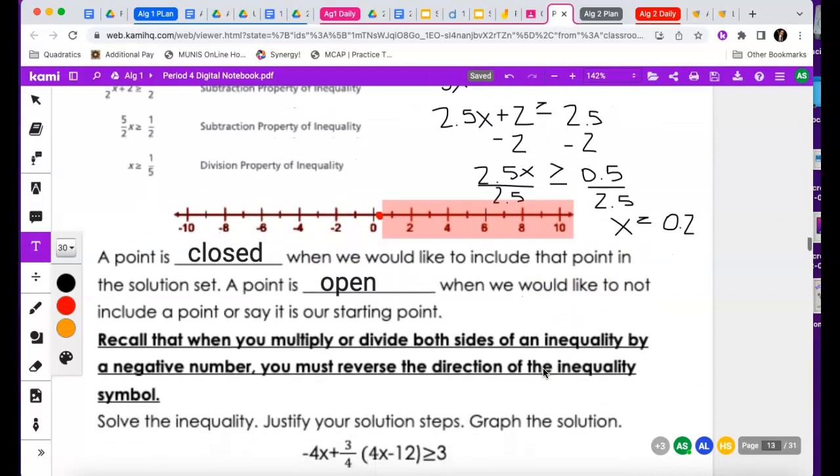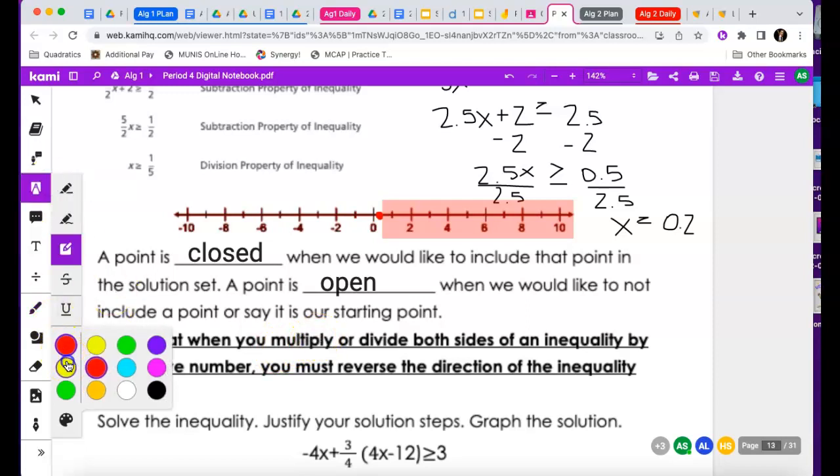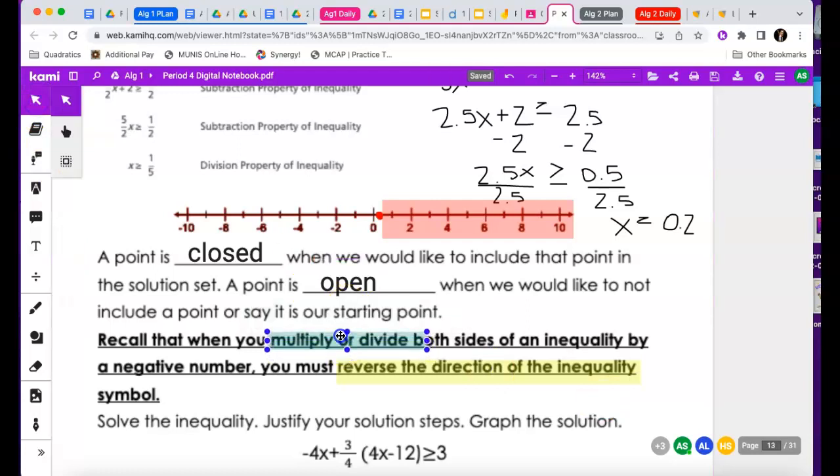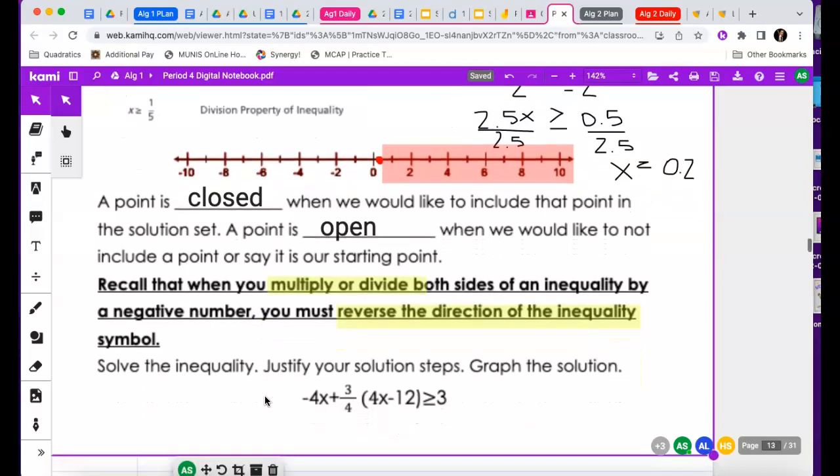So recall that when we multiply or divide both sides of an inequality by a negative number, we must reverse the direction of the inequality. So if we're going to divide or multiply by a negative number, I'm going to highlight that. When we multiply or divide by a negative number, we have to reverse the direction of the inequality, which means if it's a greater than or equal to symbol, we're going to reverse it and make it a less than or equal to symbol.